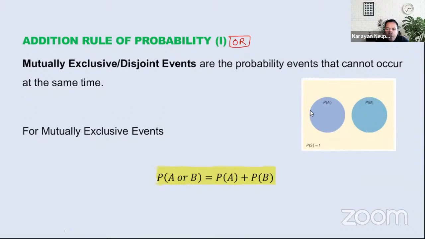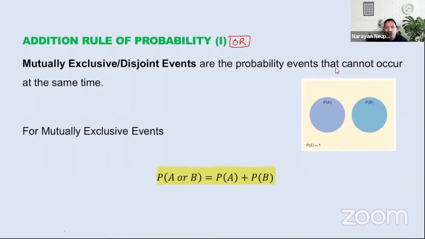In the first part, if there are two events A and B, as I have shown in this diagram, and there is nothing common between those two events, then we say that the events are mutually exclusive, or disjoint. If the events are mutually exclusive, then the probability of the events occurring together is not possible.